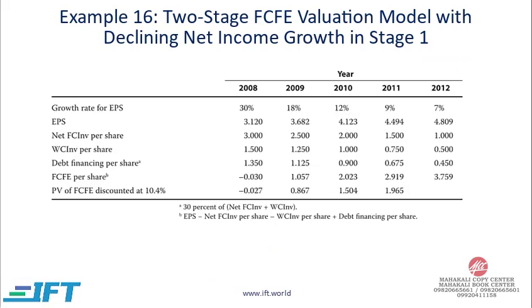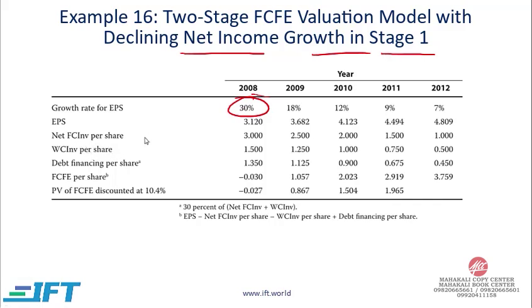Two-stage FCFE valuation model with declining net income growth in stage one. So this is also possible, that you have a very high growth rate, which is declining, and then eventually it stabilizes. Now, I actually included this excerpt because I wanted to connect this with what we have seen before. You can read all the text given in the example, but notice these numbers.